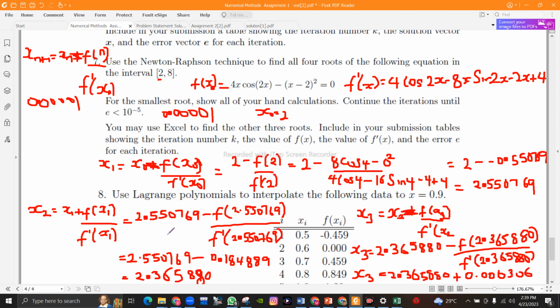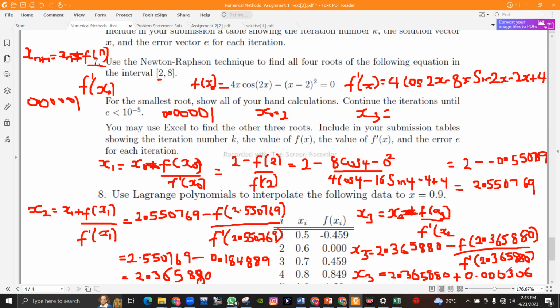So we add that, our x3 now will be equal to 2.36580 plus 0.0006306.